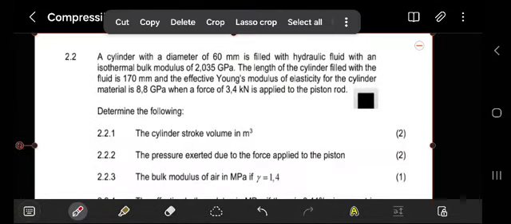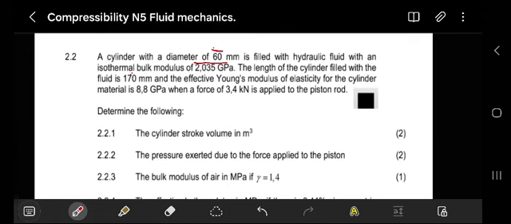The length of the cylinder there is 170 millimeter, and the effective Young's modulus of elasticity of the material is 8,8 gigapascal.